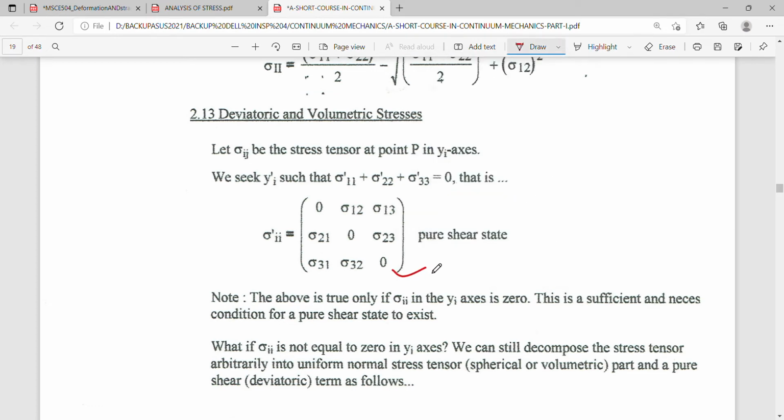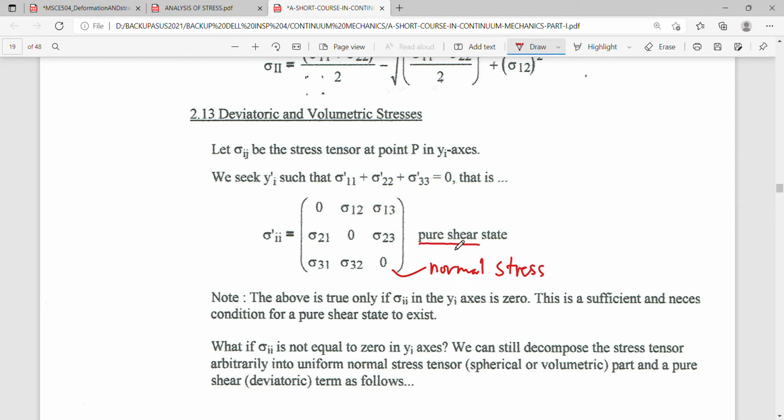So these are the normal stresses. And when the normal stresses are zero, it simply means that you are in a pure shear state condition.